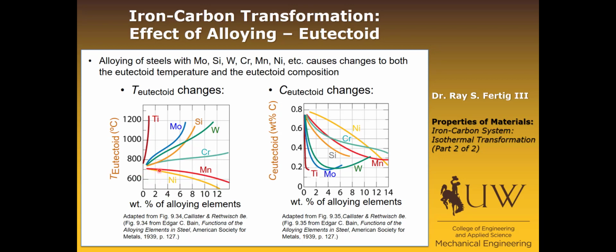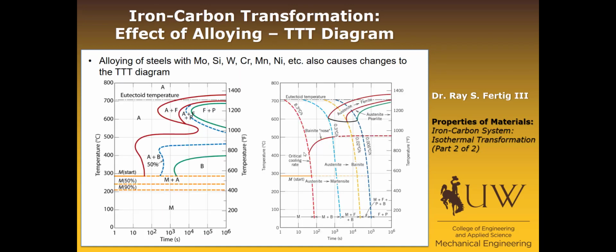Remember, with no alloying elements we have a eutectoid temperature of 727 C, and a eutectoid composition of 0.76 weight percent carbon. You can see everything changes from there. In this case, all the alloying elements reduce the eutectoid composition in the steel. So just be aware that if you alloy it, it does change these values on your phase diagram.